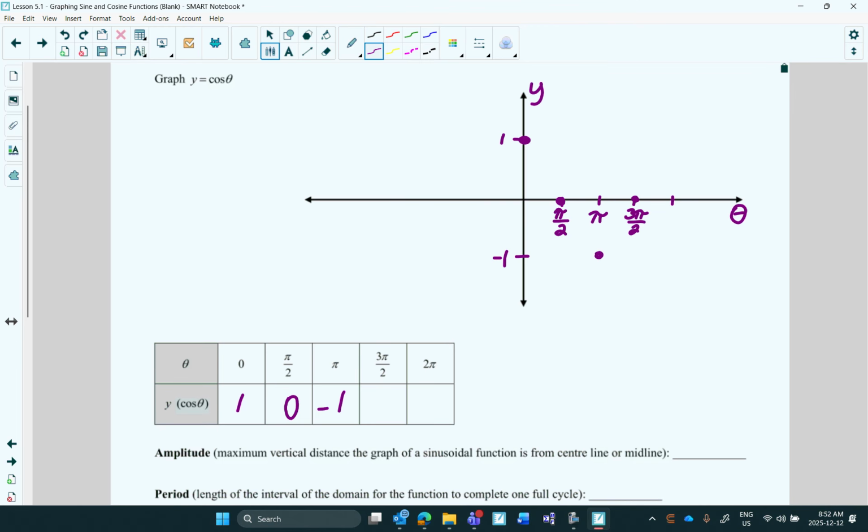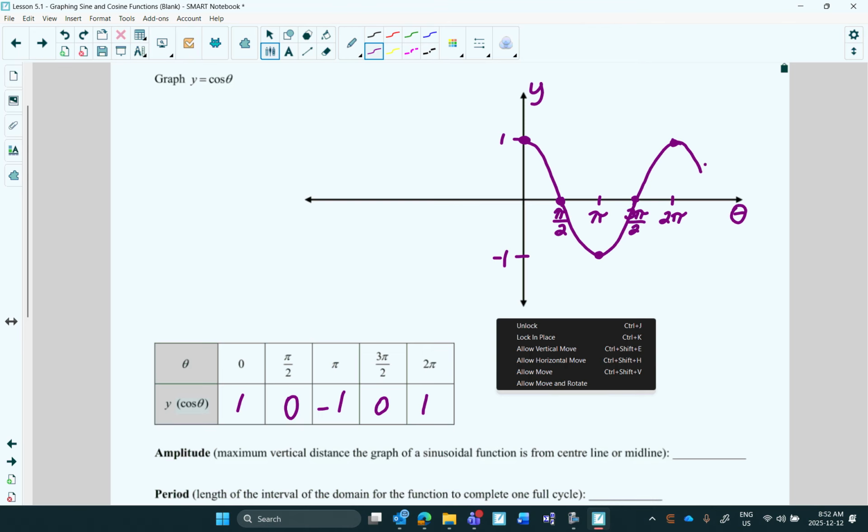And what's the cos of 4 pi over 2 or 2 pi? Same as this one, right? 1. So notice we have another wave, except it started at a different spot on the y-axis. But it still follows the same pattern as sine.